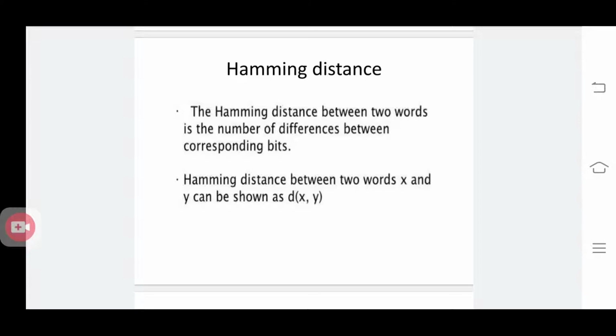It is the number of differences between these two data words, that is, how many bits differ in x and y. X and y are two code words or data words.